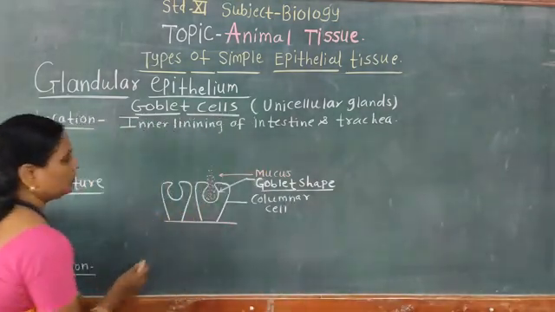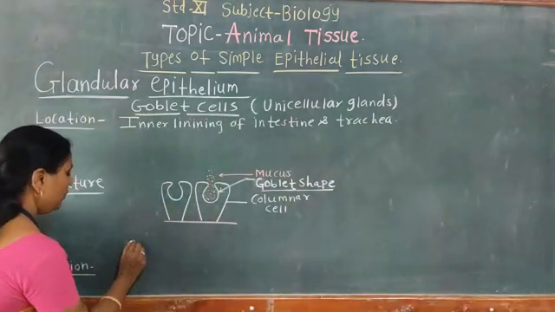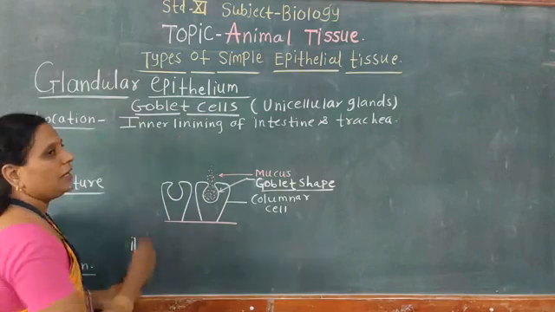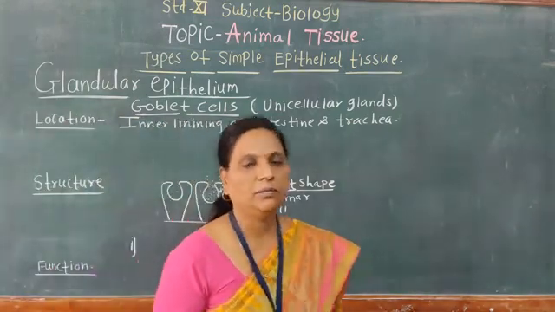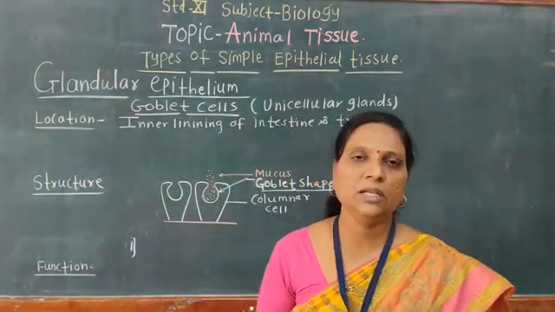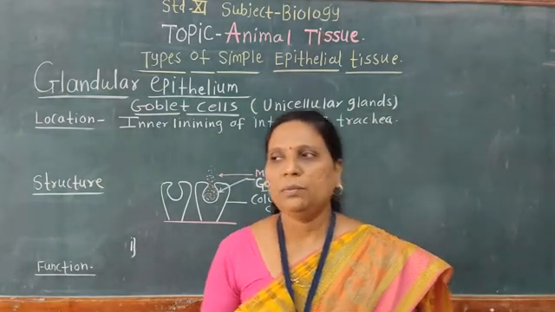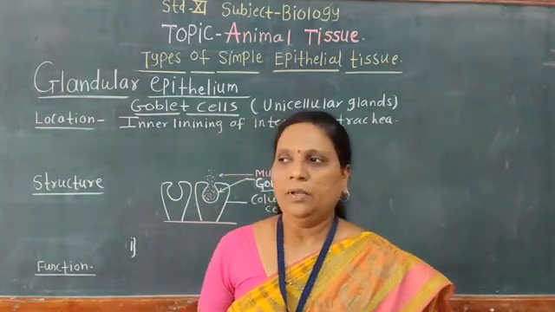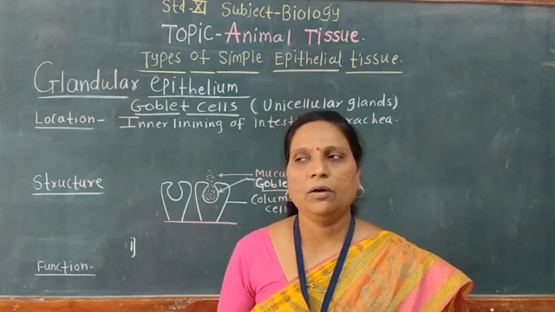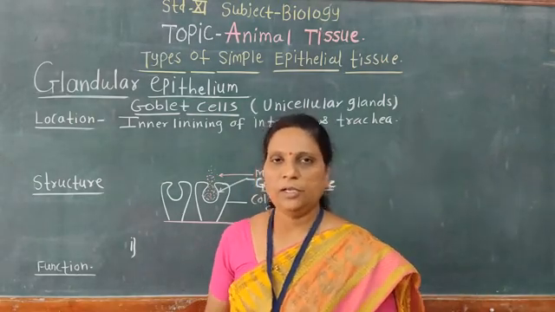Now what is the function of this gland? First, in the intestine, it secretes the mucus, which acts as a lubricating substance. So it prevents the inner lining of the intestine from mechanical injuries.